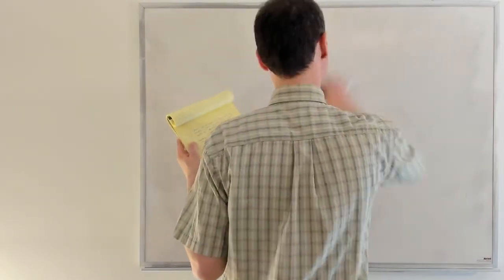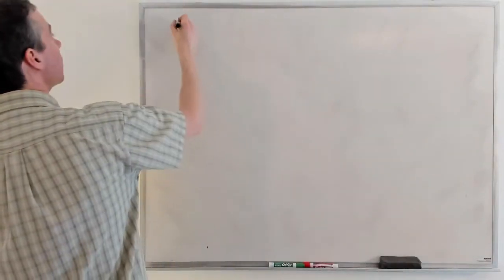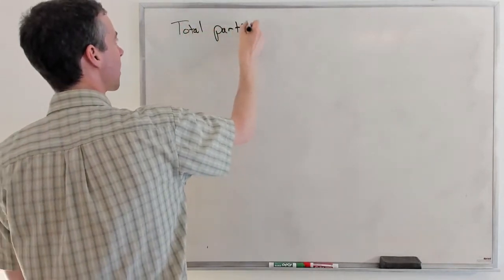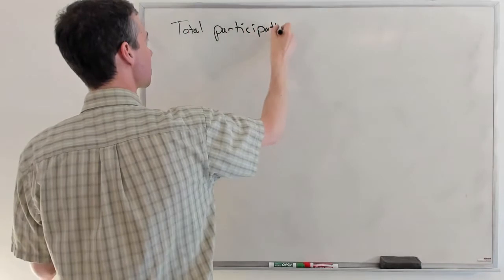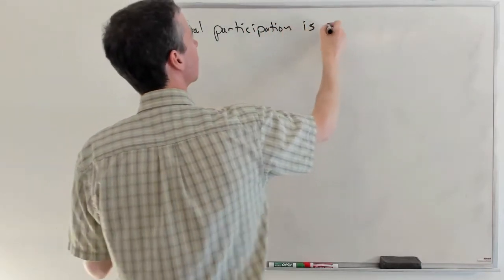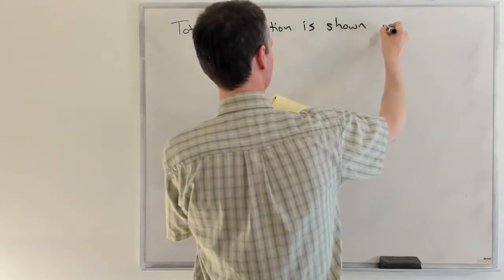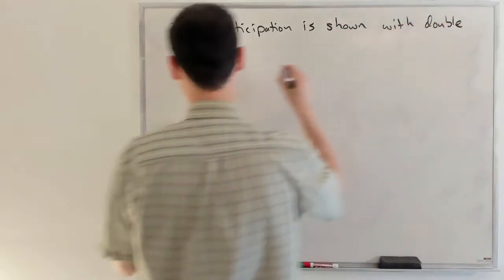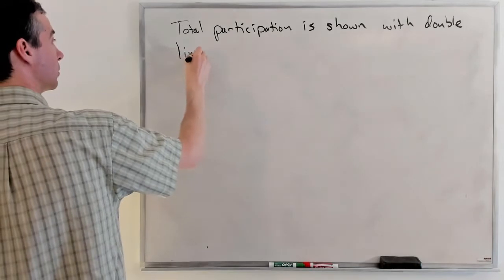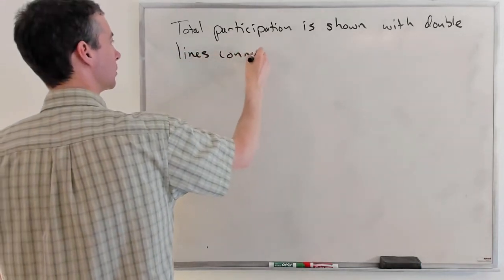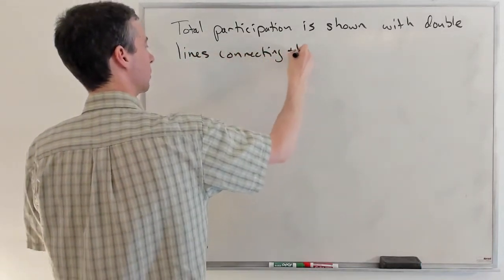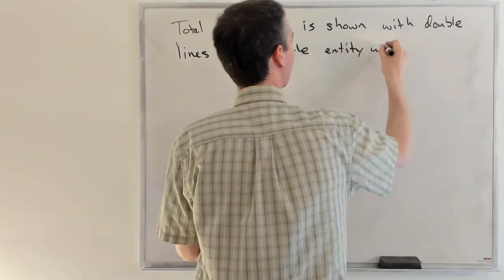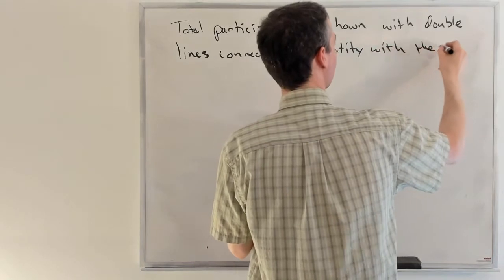All right. So total participation is shown with double lines connecting the entity with the relationship.